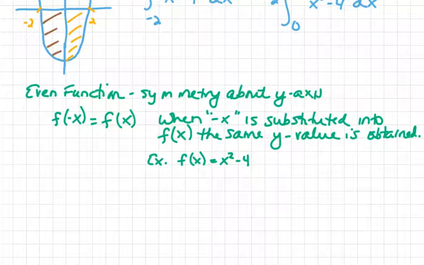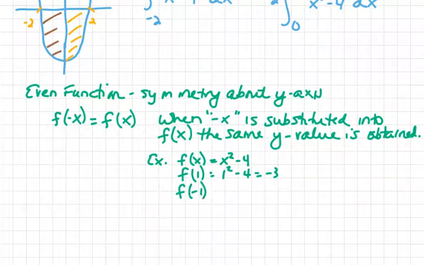And if I put in 1, I get 1 squared minus 4, which is -3. And if I put in -1, I also get -3. So it doesn't matter whether you put the negative value in or the positive value, you get the same y value out. So that tells you that this is an even function.